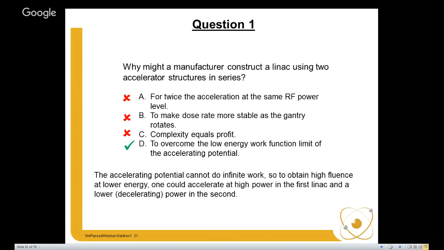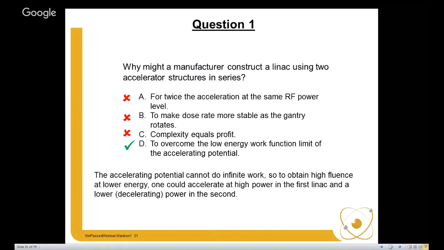And in fact, back when CGR was making LINACs, this was exactly how they got high and low photon energies at high dose rates, by having one accelerate and then the other one decelerate.